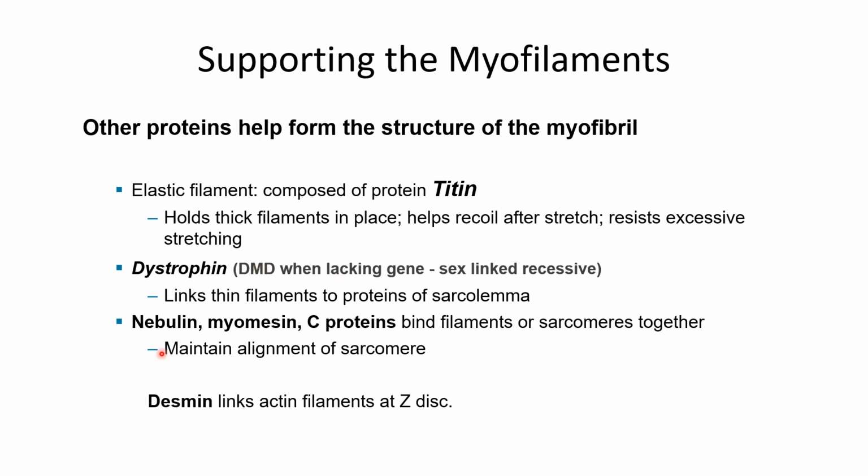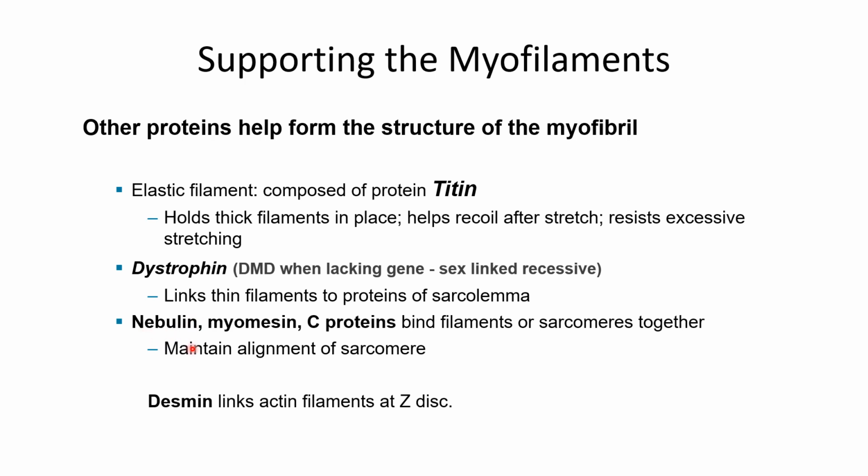The main one here is nebulin. Yes, there are these other ones. I'm not going to worry about these things. But if you see a weird one and it's talking about muscle, really they're just there to make sure that the muscle fiber stays aligned. Nebulin is the main one. They call it nebulin, like it was nebulous what its activity was. It means that you didn't know what it was doing, and the name stuck.